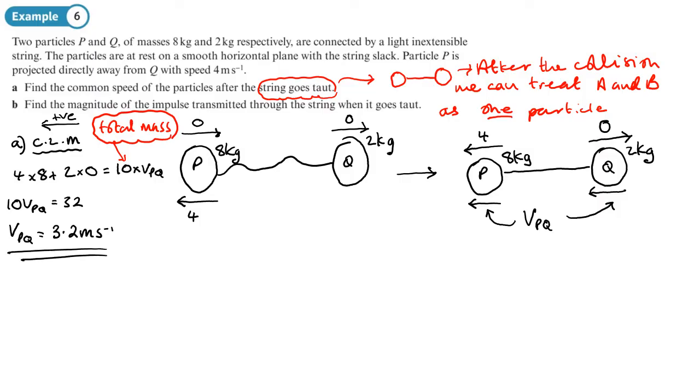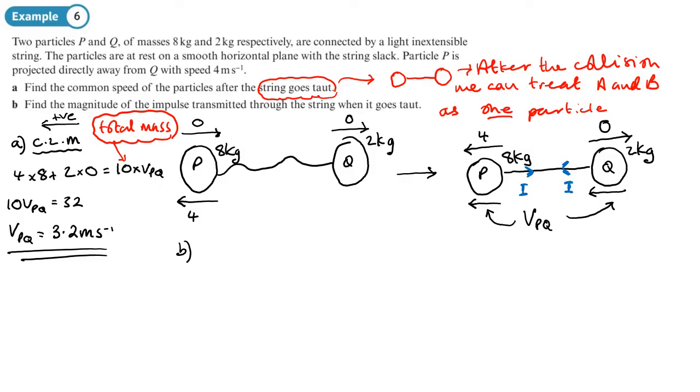In part B now, it talks about the magnitude of the impulse transmitted through the string when it goes taut. Now you can actually think of this impulse like the tension, this sort of pull, and I will draw it on my diagram like this.